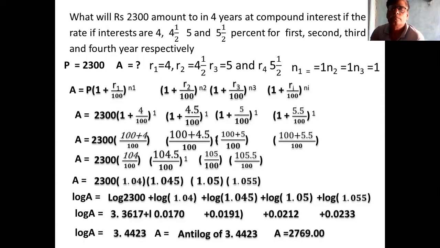That is important. You make mistakes only in fixing the period. Rate of interest they will give, but you fail to fix the period for the concerned rate of interest. That is the problem for you people. Therefore, be careful while taking the n value.